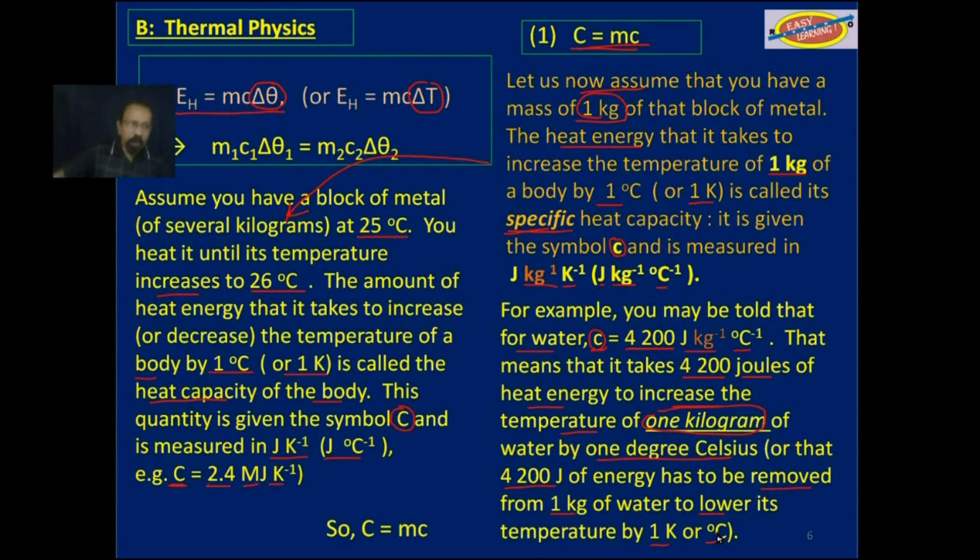So the relationship we have is uppercase C, which is heat capacity, is equal to m, mass, times lowercase c, which is specific heat capacity. And we will use that in the next 2 slides.